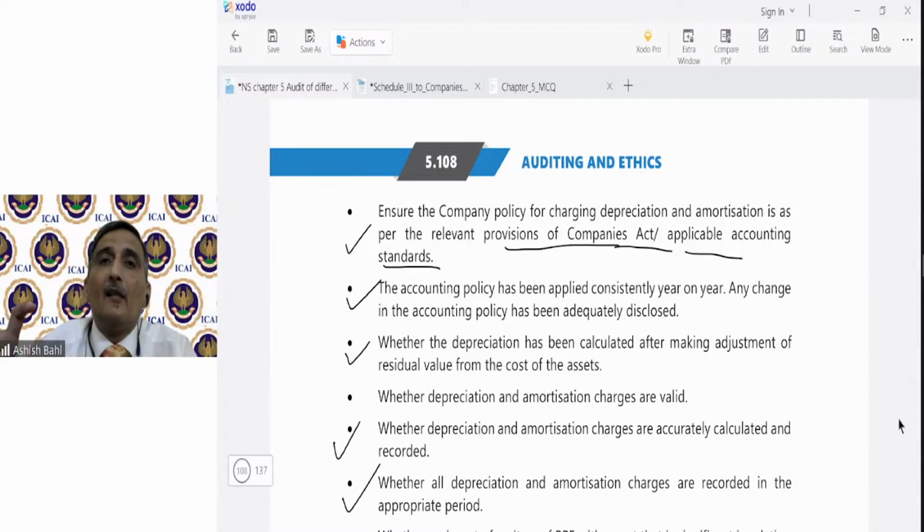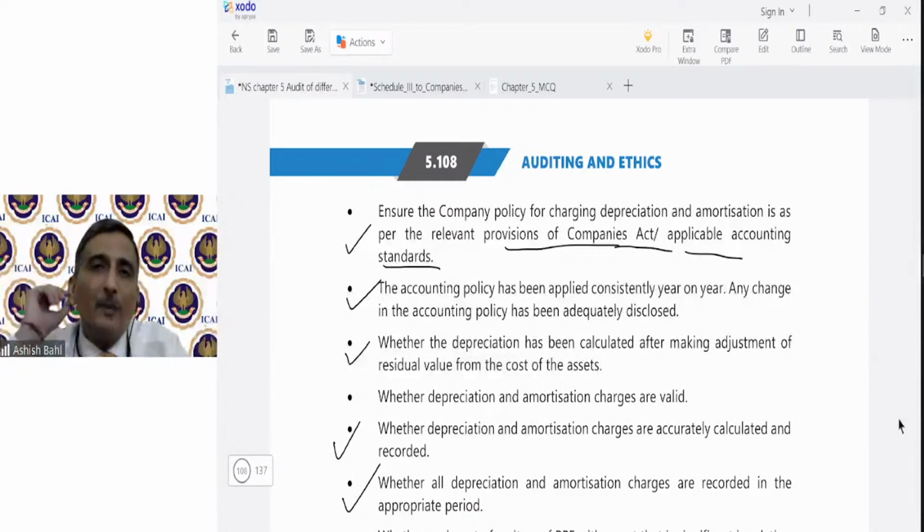So when the company would be filing its income tax return, then obviously it would be adding back its depreciation calculated in accordance with the Companies Act, and claiming depreciation which is admissible under the Income Tax Act to arrive at its total income. So this is a practical point, and you have to keep this in mind also.